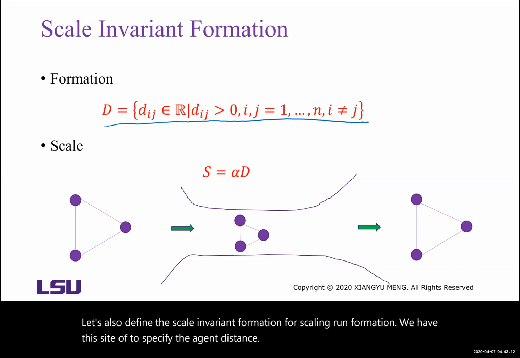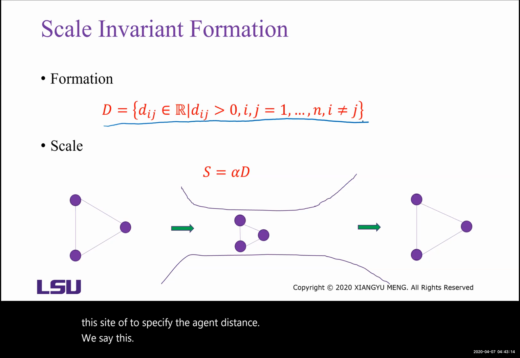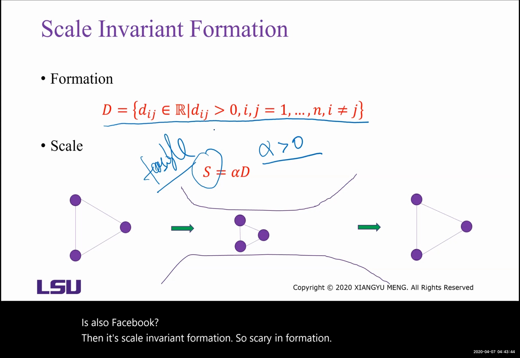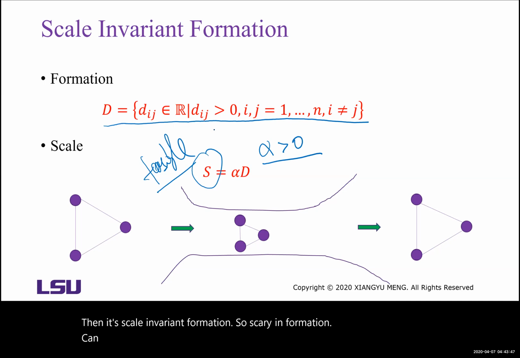Then we say this formation is scale invariant if for any positive alpha greater than 0, this new set S is also feasible. Then it's a scale invariant formation. So scale invariant formation can be applied in cases where the environment is changing.